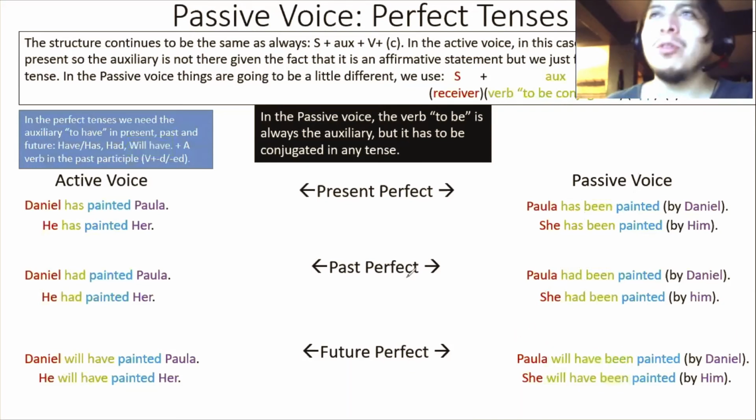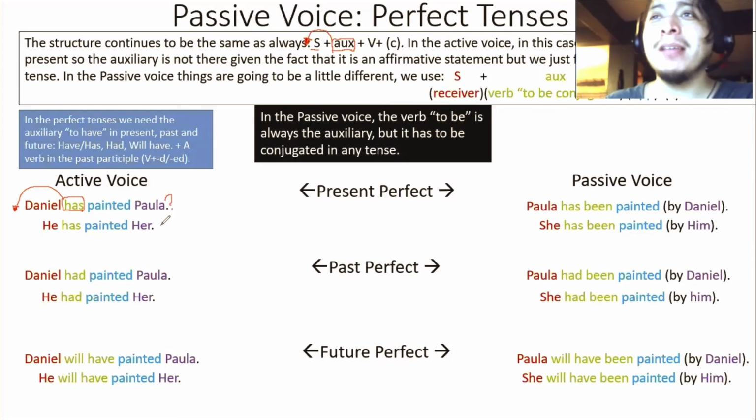Do you remember how to make questions? Subject, auxiliary. To make questions, you have to use the auxiliary and you switch positions. You start with the auxiliary, okay? So in the active voice, this is the auxiliary, has, you switch it. First auxiliary and next subject, and this is a question.